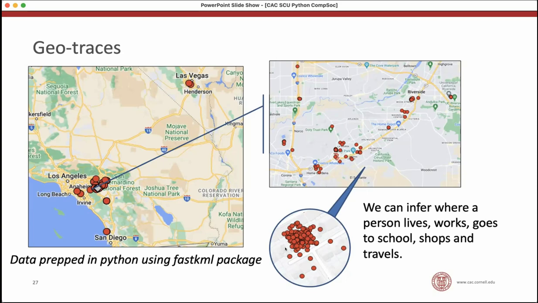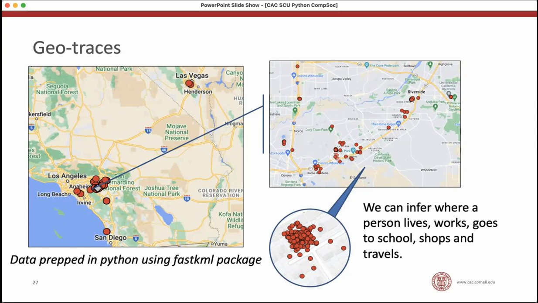Somewhere on here, there's this collection of points, and we can infer from these collections of points that maybe where a person lives or where they work or go to school. We can look at some of the other things and figure out where they shop and where they like to travel.